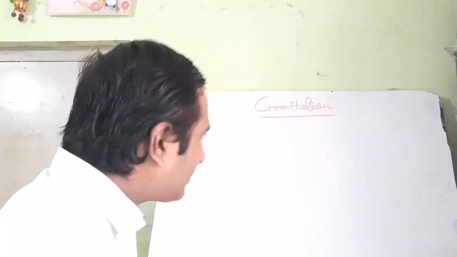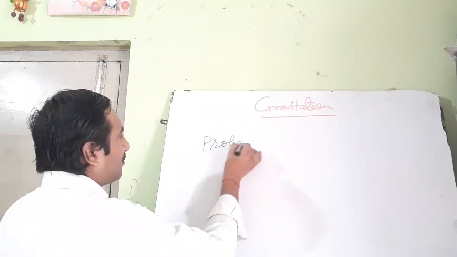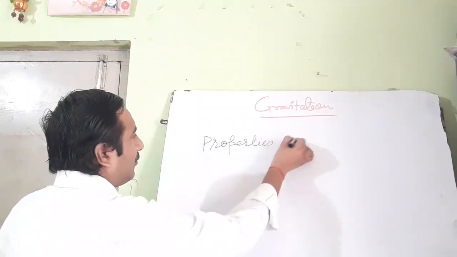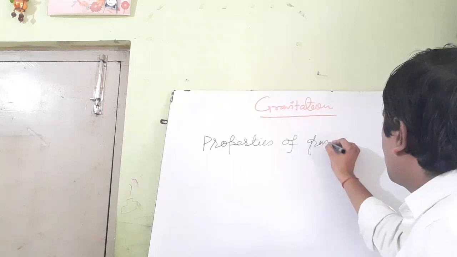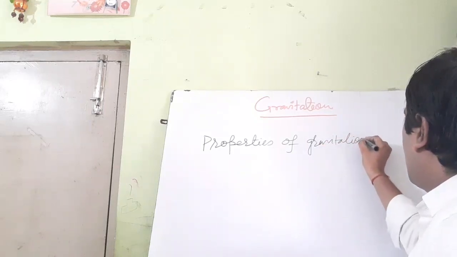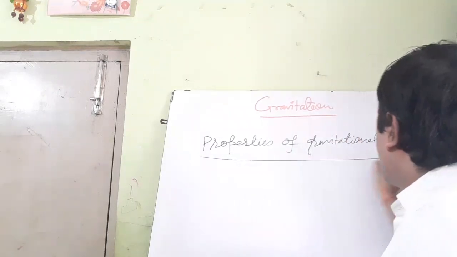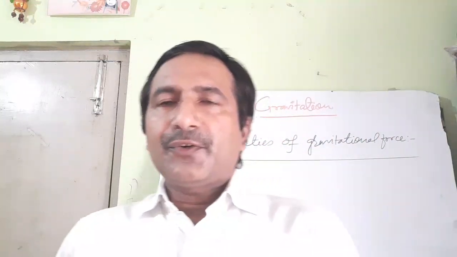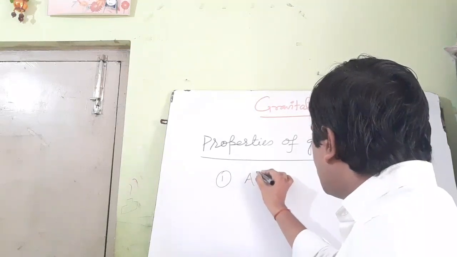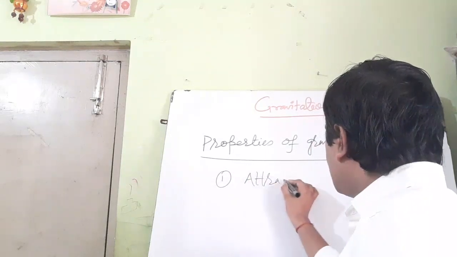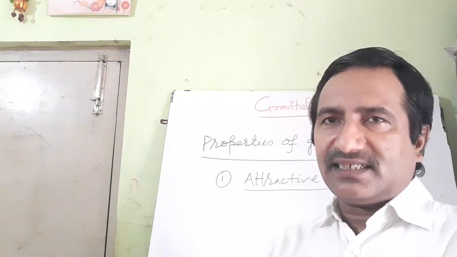After knowing this definition of gravitational force, we have to discuss the characteristics or properties of gravitational force. First property of gravitational force is that it is always attractive in nature.